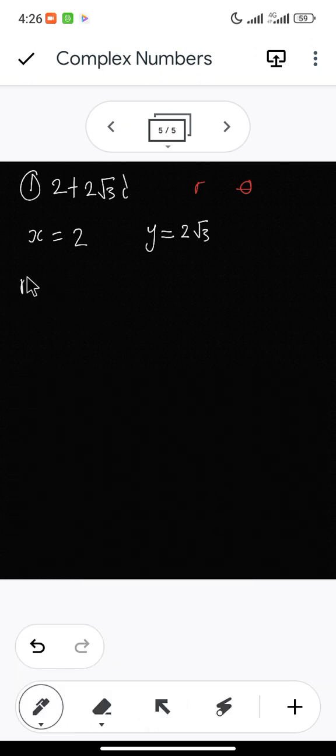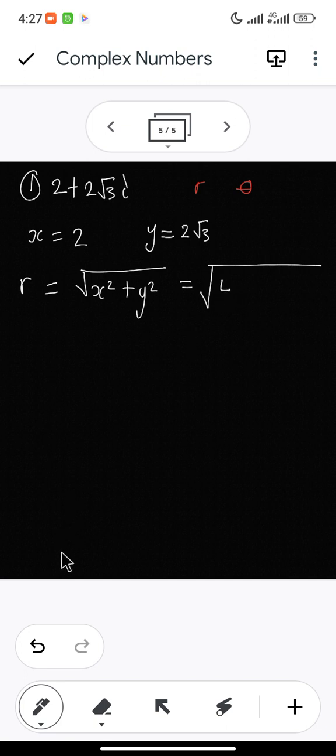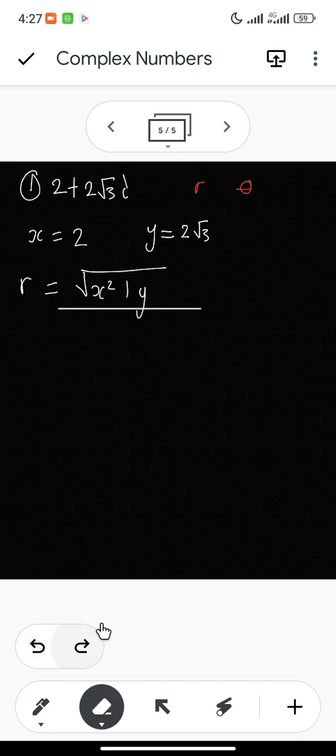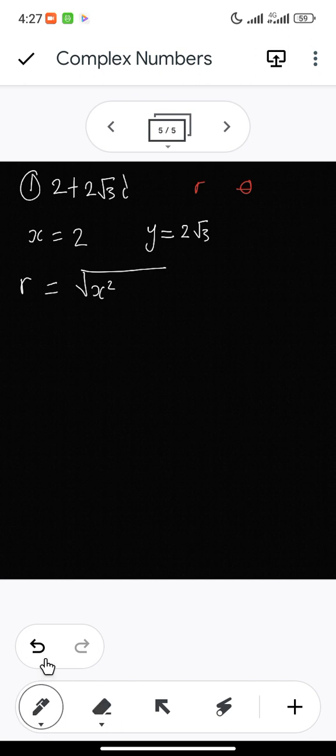Now r is denoted by the formula the square root of x squared plus y squared.